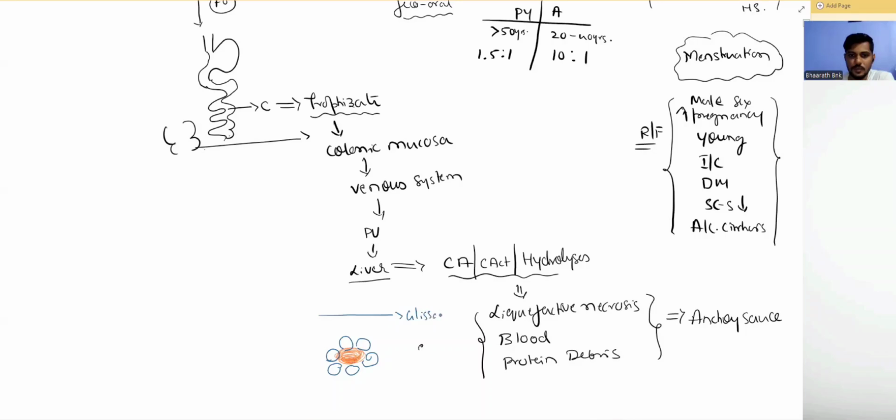Now, this Glisson's capsule is resistant to hydrolysis. It does not allow the spread beyond the Glisson's capsule, where it restricts the invasion of these trophozoites because that is resistant to hydrolysis. Unless there is a secondary bacterial infection where the Glisson's capsule is breached, and then it can spread further.